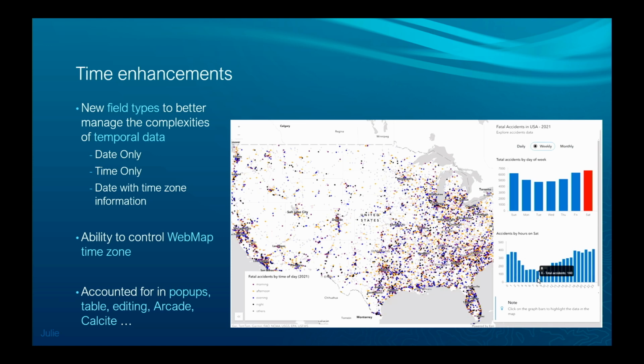Like in this crash data, it's using that time offset to display the crashes just by time of day. It doesn't matter what time it was in California versus New York. You just want to see a continuous look at that data. So that's been a big update for time.